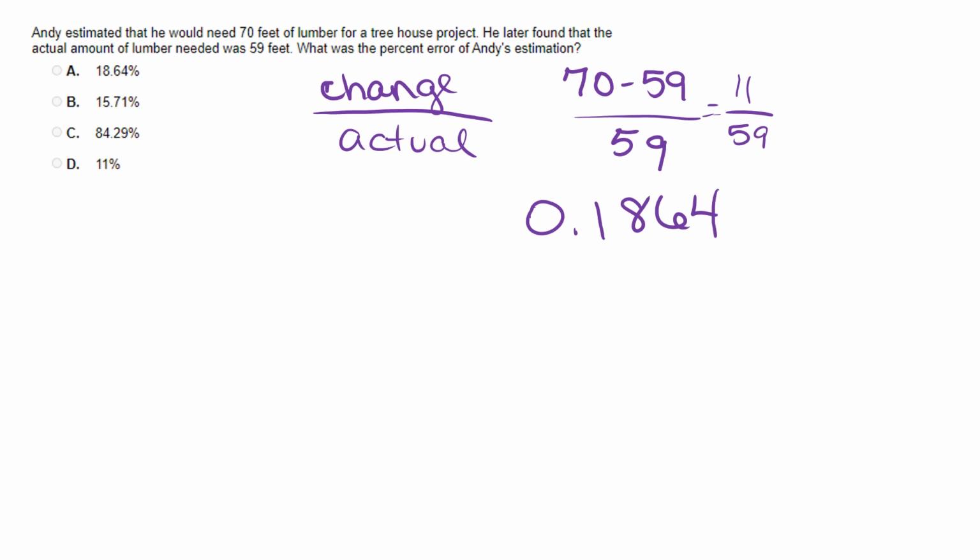So this is a decimal. We're going to change it to a percent by multiplying it by 100. You could also just move the decimal 2 spots to the right, and you do get 18.64%.